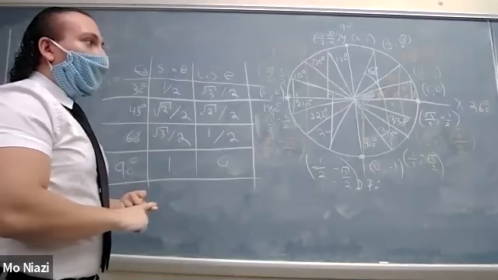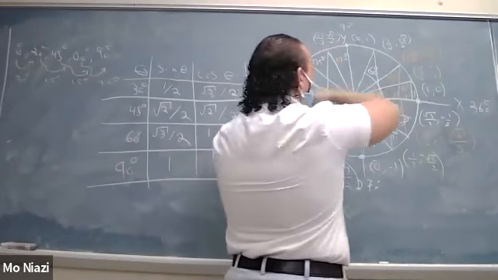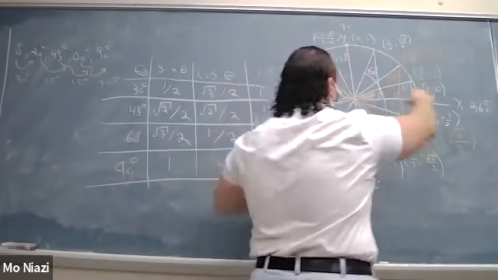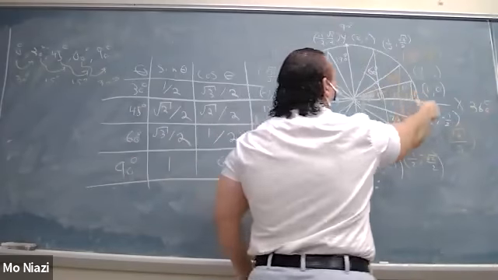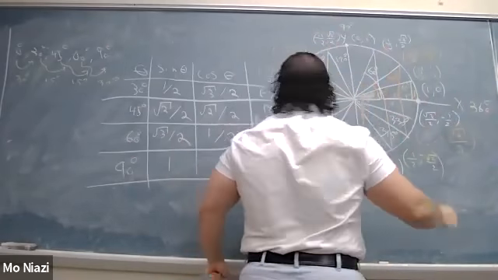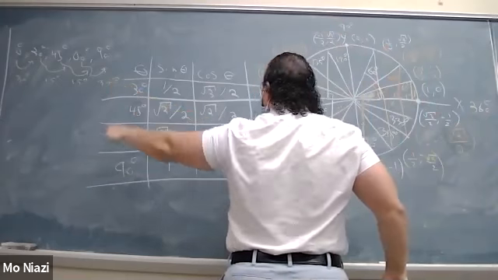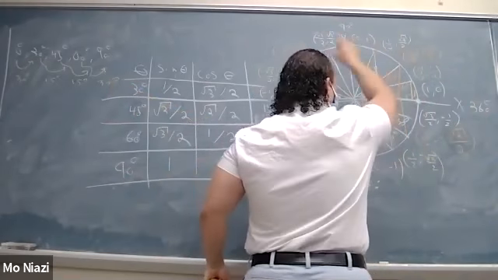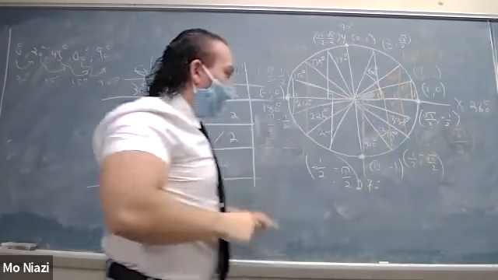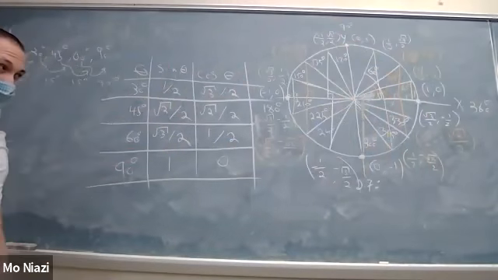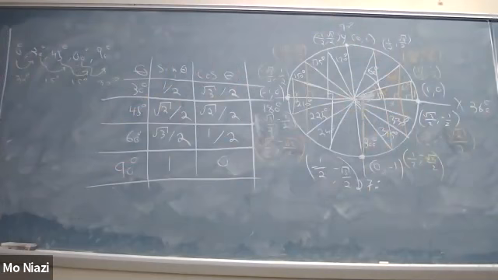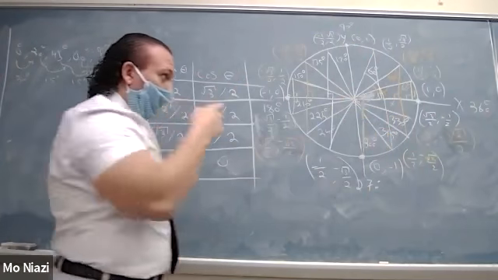Start off with just a circle and a coordinate system. Place the different angles using 30, 45, 60, 90. And then place the associated sine and cosine values. This will need to be something that you know very, very well. It is going to come up over and over and over again in this class. So get very familiar with it very quickly.